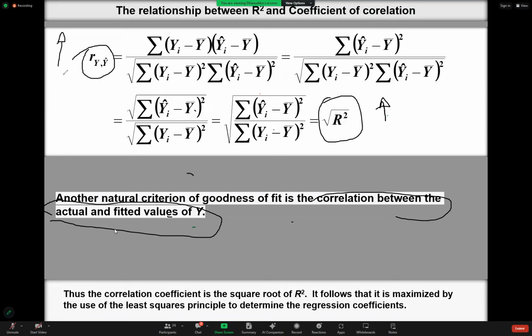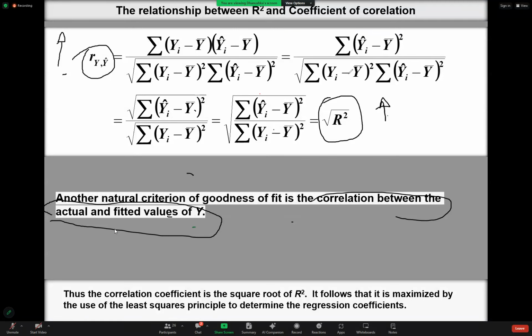What do we mean by the correlation coefficient increasing? If the correlation coefficient has a higher value, it shows that there is a relationship between the actual value and the predicted value. Both change in the same direction. Then the model is good.